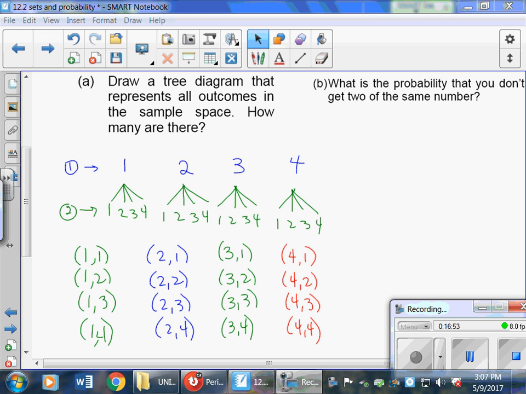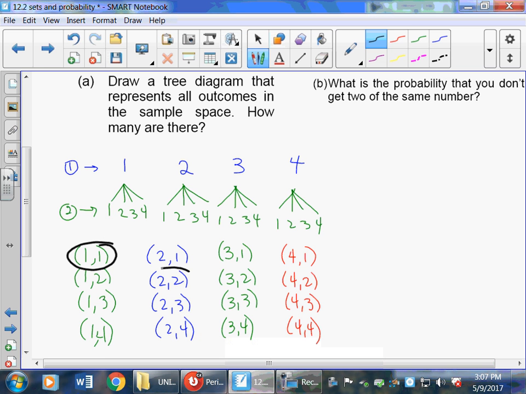So what is the probability that you don't get two of the same number? Maybe it's easy to figure out when you do get the same number. I get the same number here, here, here, and here. So the probability I get the same number is 4 out of 16, since we have 4 times 4, which is 16.